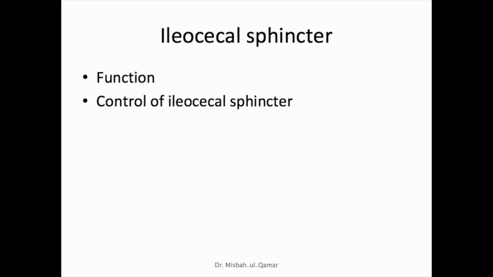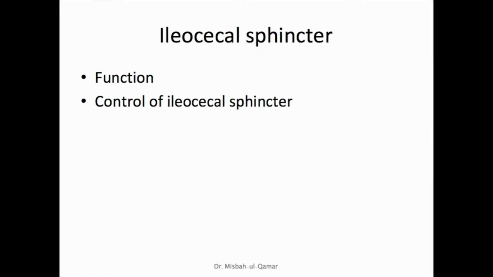This delayed emptying is also seen due to irritation of the cecum in case of an inflamed appendix. These reflexes are mediated by the myenteric plexus in the gut wall and extrinsic autonomic nerves by way of prevertebral sympathetic ganglia.